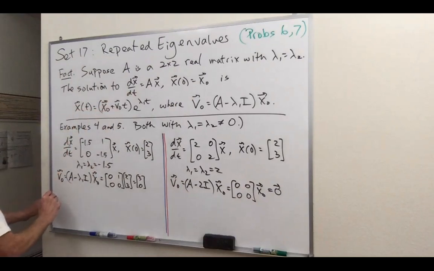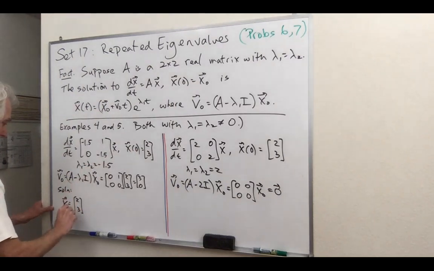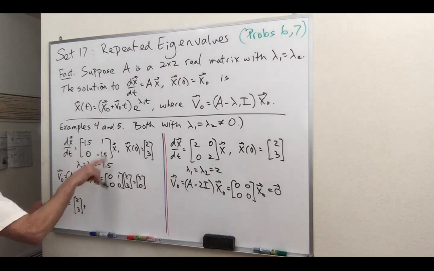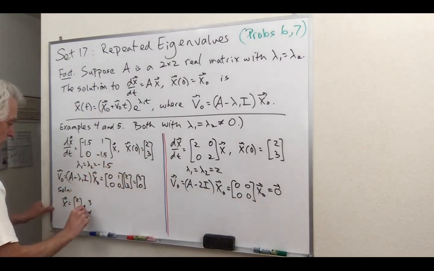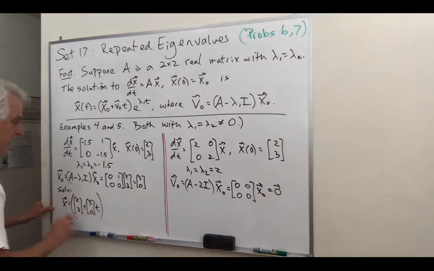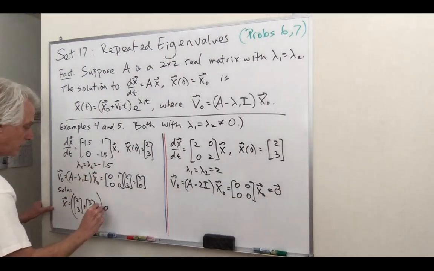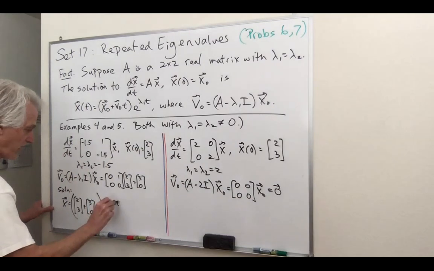In this case, we have the solution x is equal to x naught, 2, 3, plus v naught, 3, 0, t. That whole thing gets multiplied by e to the minus 1.5t.